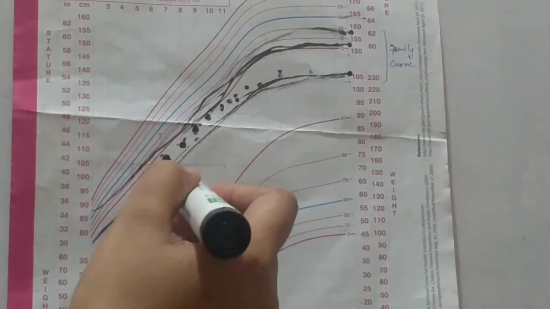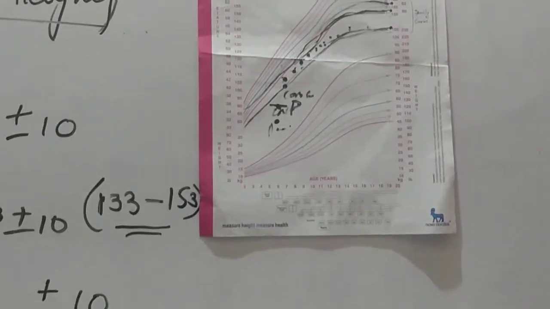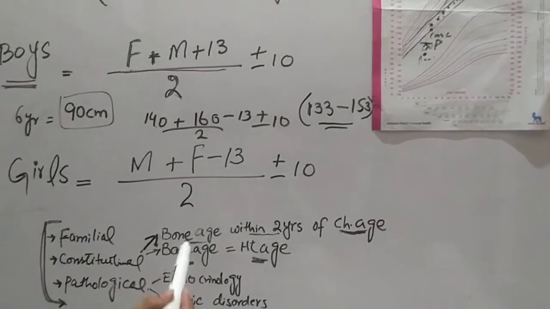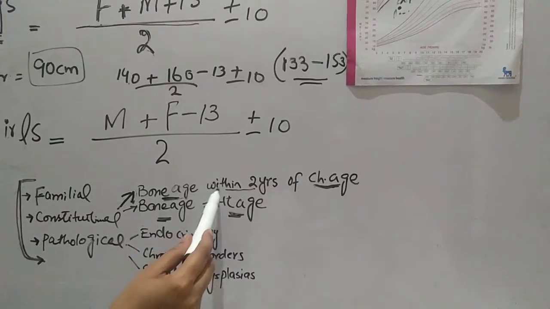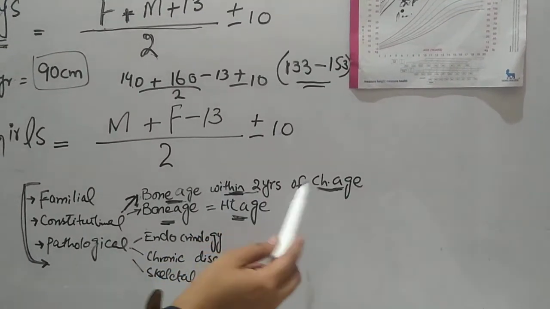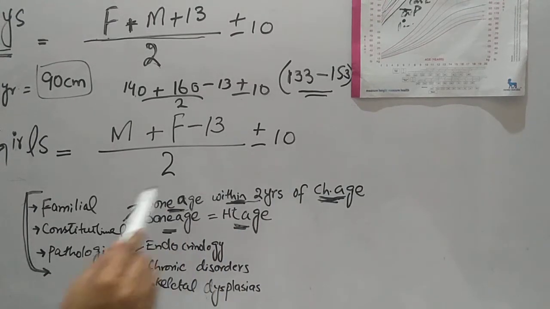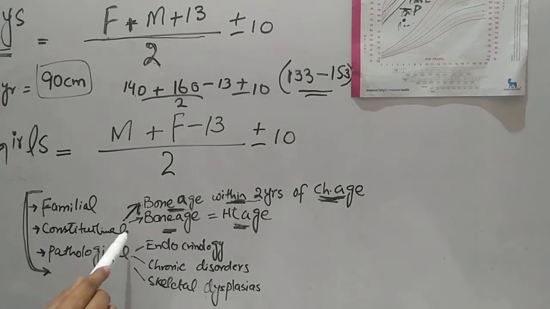First you will find out whether it is constitutional or pathological. For constitutional, you will first see the bone age. If your patient's bone age lies within 2 years of chronological age, that is the first point favorable for constitutional short stature.